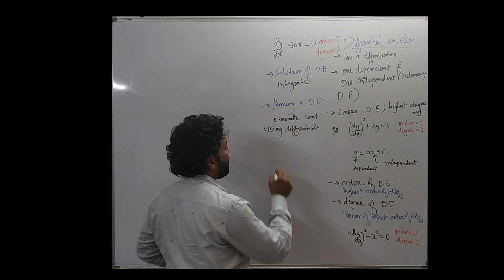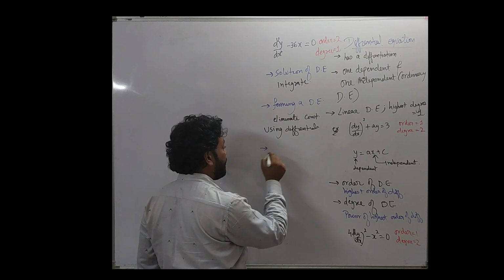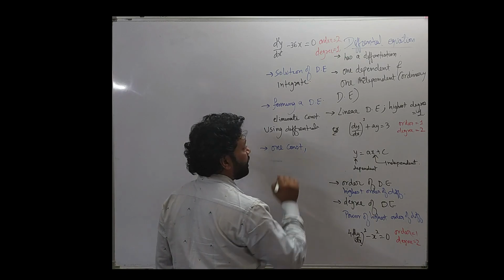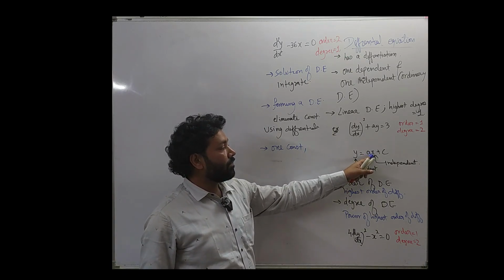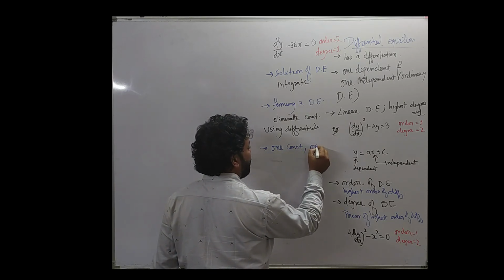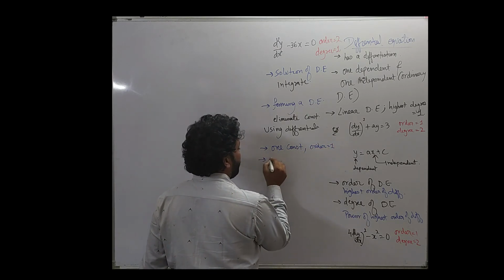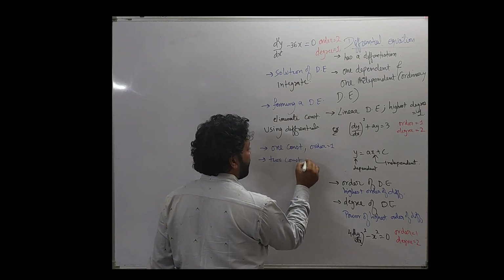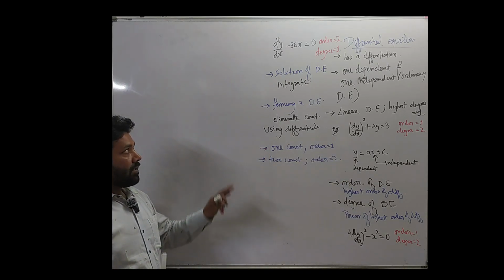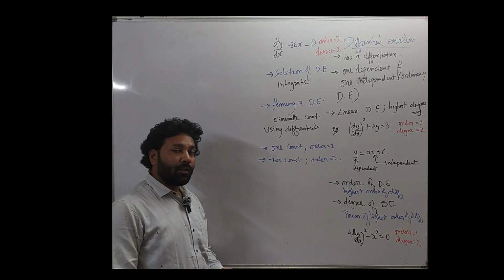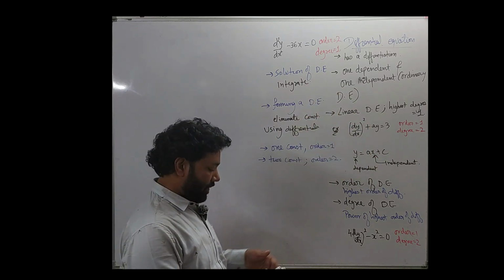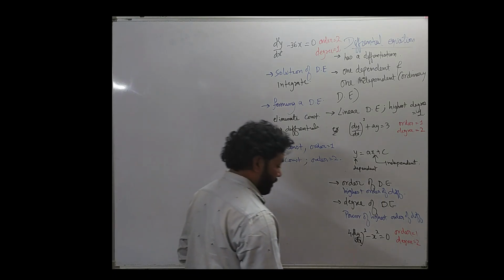Another important piece of information related to this: unlike here, where we have two constants, a and c, if there is only one constant, then the order of the differential equation is 1, and if there are two constants in an equation, then the order of the differential equation is 2. So that is the introduction to differential equations. Let's see some examples of differential equations, so all these concepts will get very clear to you.